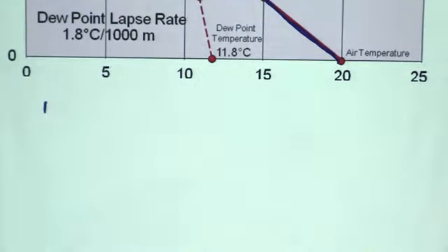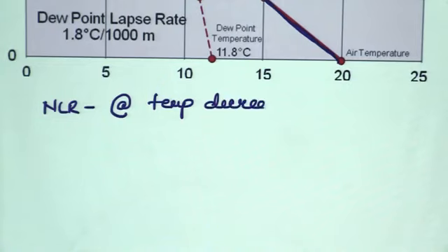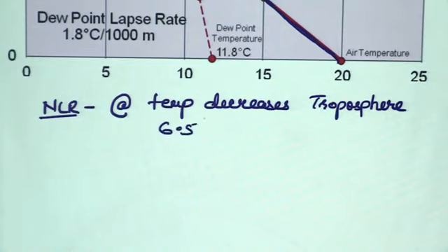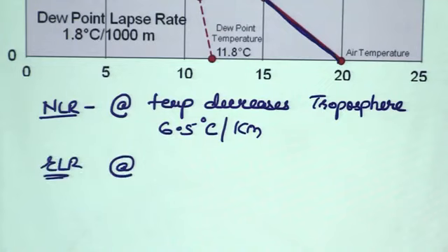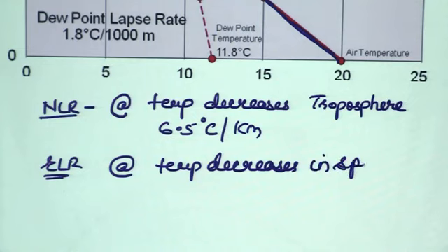Another important fact: the normal lapse rate is the rate at which temperature decreases normally in the troposphere. And what is the normal lapse rate? It is 6.5 degrees Celsius per kilometer. Environmental lapse rate is the rate at which the temperature decreases in a specific air column.